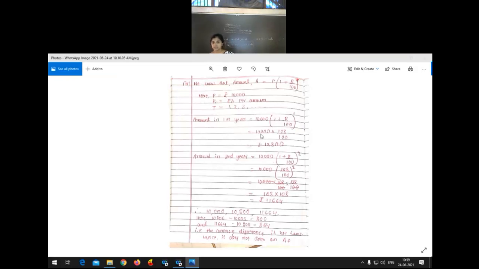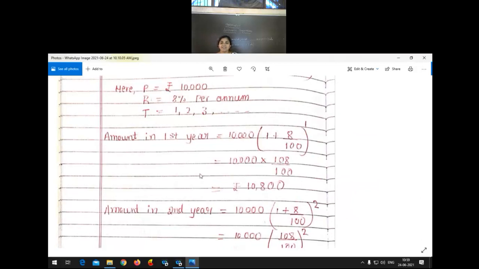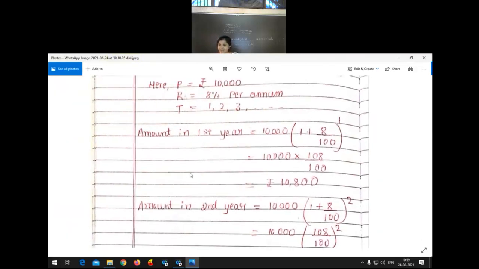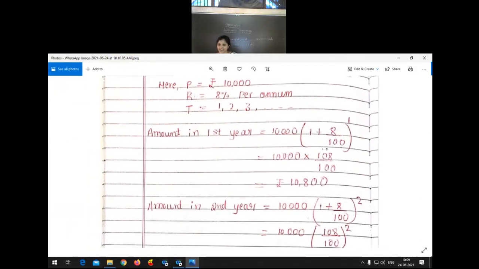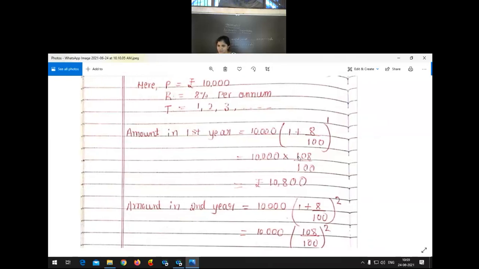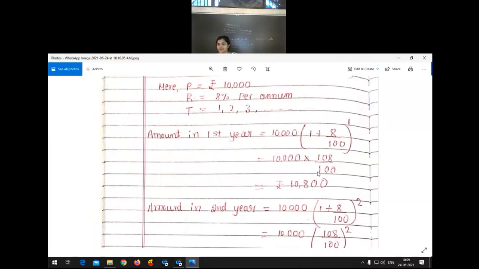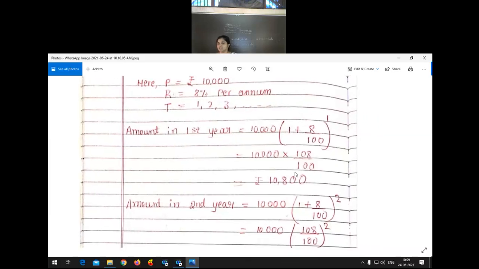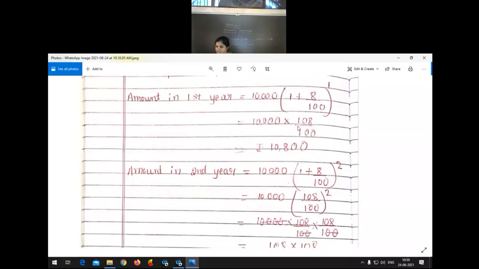Then 10,000 into, taking the LCM and adding, everybody knows, no? 1 plus 8 by 100 is 108 divided by 100. You all know this one. Then the zeros get cancelled. Then 100 into 108, which is equal to 10,800. Amount in the first year is 10,800 rupees.